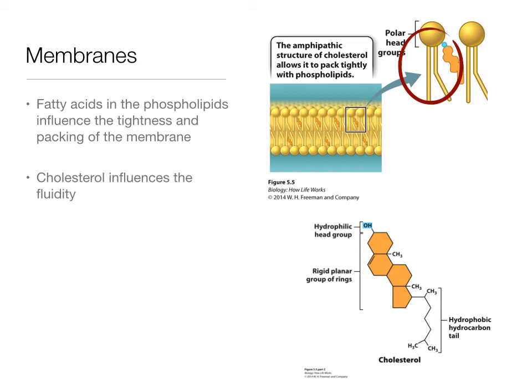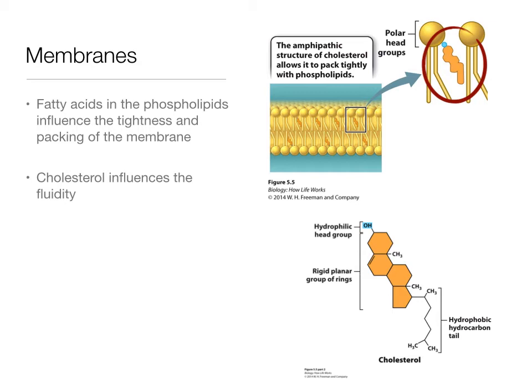However, it still has two properties that are the same: one hydrophobic hydrocarbon tail and one hydrophilic head group, even if it is very small. And this structure allows the cholesterol molecule to be inserted between the fatty acid tails of the phospholipids. Because of its rigid planar structure, it will create a kind of perturbation in the membrane.